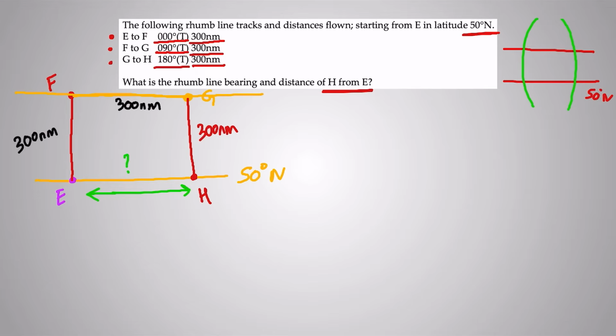Because obviously these converge at the North Pole, right? So if you remember what we talked about in the beginning of this video, the departure is different at all latitudes. And that's why we can say that this distance is not 300 nautical miles. Because obviously it looks like a square which should give equal distance. But since the departure is different at different latitudes, this won't be 300 nautical miles.